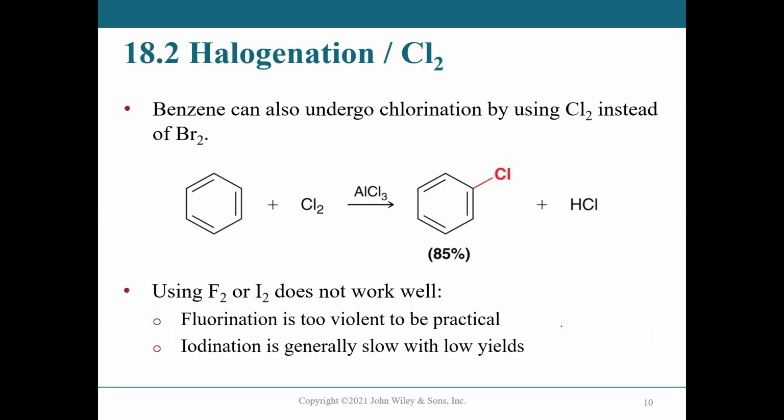So benzene can also undergo chlorination, but it doesn't work well for fluorine or iodine. That's because fluorination is too violent to be practical. It's too reactive. Iodination is generally slow with low yields, and that's probably due to iodine being pretty big, larger compared to chlorine or bromine. So we're really only going to see this with chlorine or bromine. So you have the chlorination or the bromination.